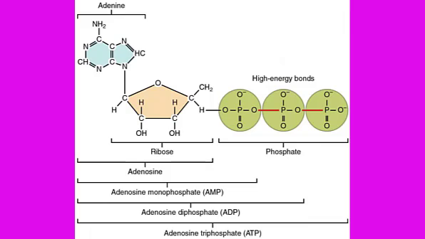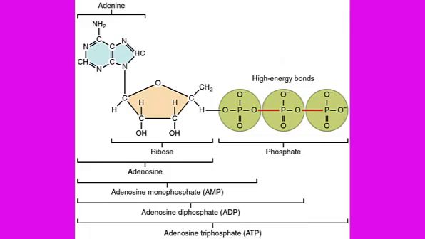In this picture is the structure of adenosine triphosphate. The nucleotide adenosine triphosphate, or ATP, is composed of a ribose sugar, an adenine base, and 3 phosphate groups. ATP is classified also as a high-energy compound because the 2 covalent bonds linking its 3 phosphates store a significant amount of potential energy.